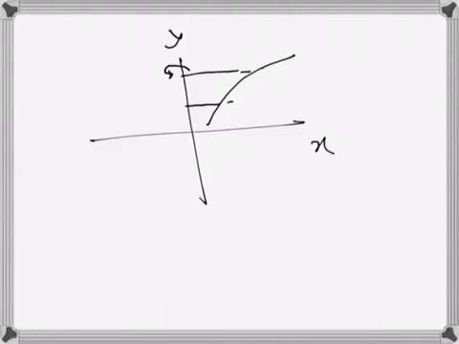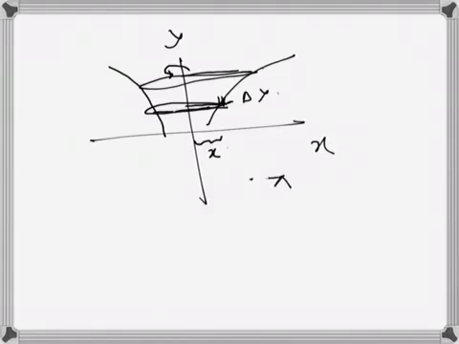We get something like that, and this time our radius is x, and the small heights will be del y. Again, if we add all those small cylinders, we get the entire volume, which will be pi x squared dy.